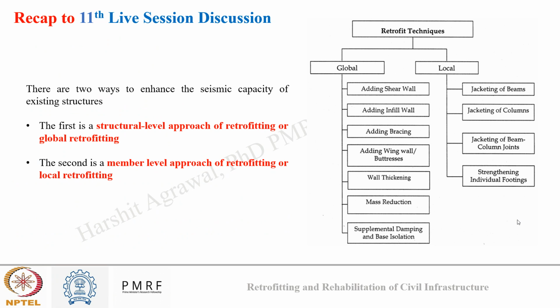For each of these categories, we talked in brief about several techniques that are shown in the flowchart also. For global retrofitting, we talked about shear walls, infill walls, bracing, buttresses, wall thickening, mass reduction, supplementary damping and base isolation. While in local retrofitting, we talked about jacketing of beams, jacketing of columns, jacketing of beam column joints, and strengthening individual footings.